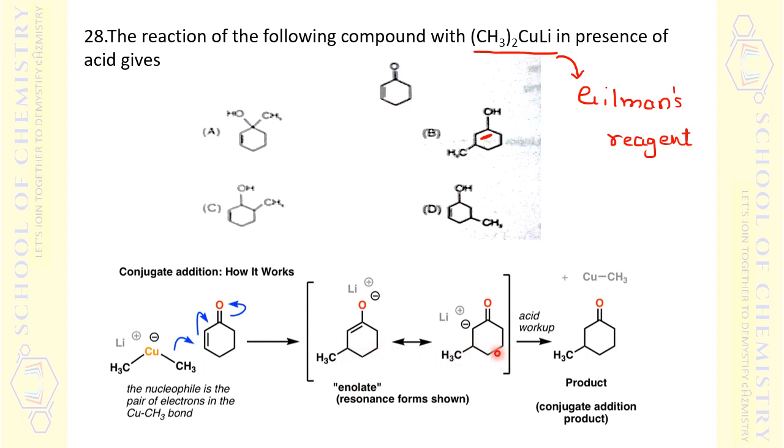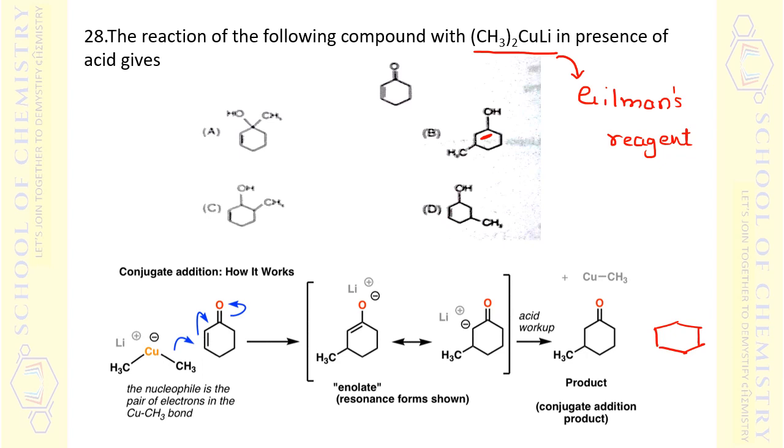Then when you go for acidic workup, if this minus charge picks up a proton, you can get this compound. Of course, they have not represented this compound. Otherwise, we can think of the other tautomeric form of this compound. We can even think that if protonation happens in this position, the other product you can expect will be this, right? Let's assume that simply protonation is happening here.